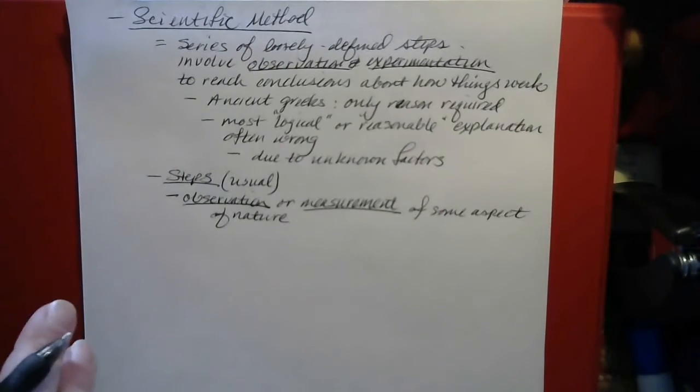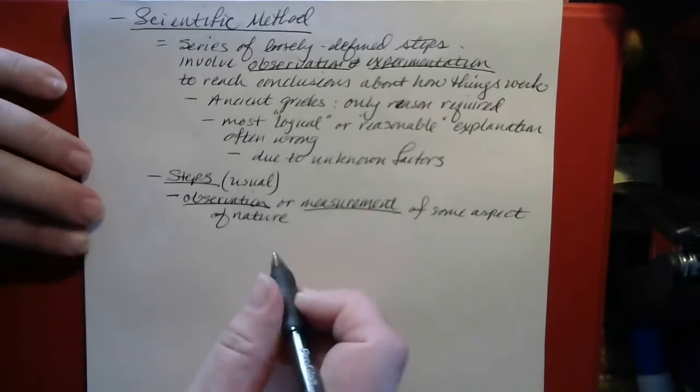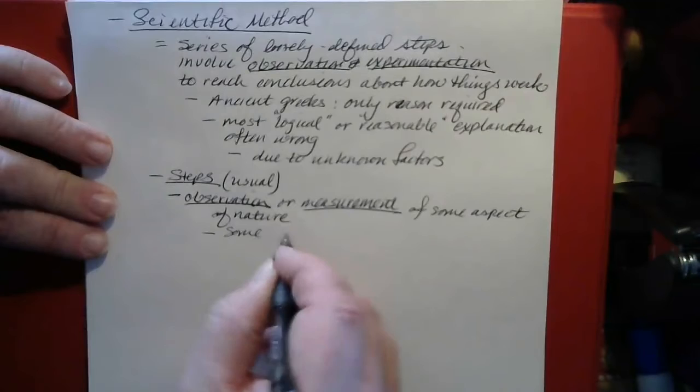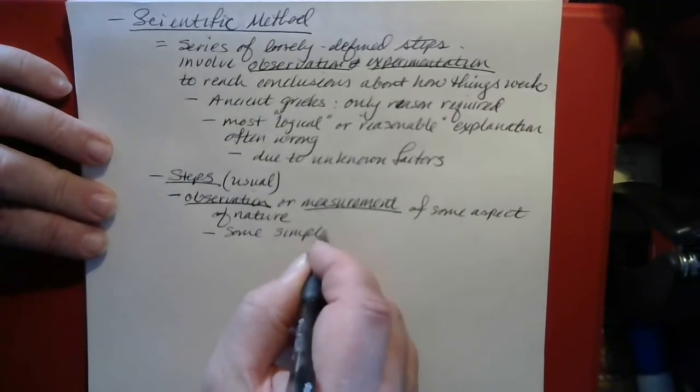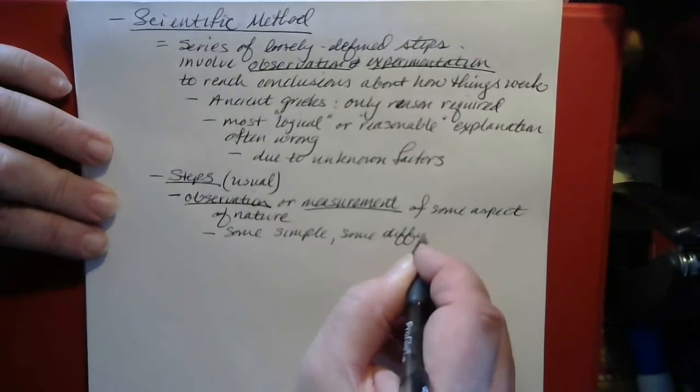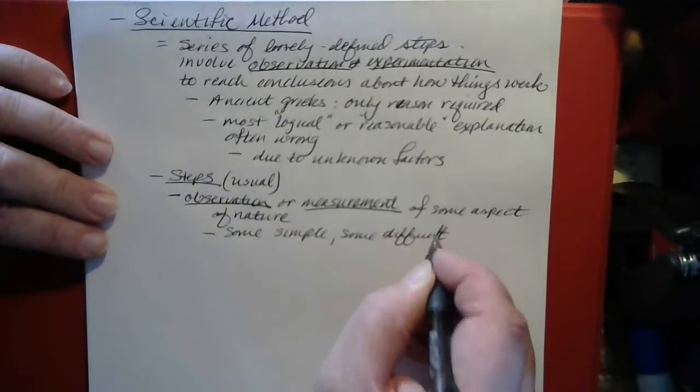So you could be observing or measuring some aspect of electricity or mechanics, for that matter, and formulating a theory as to why things are. Some observations may be simple.